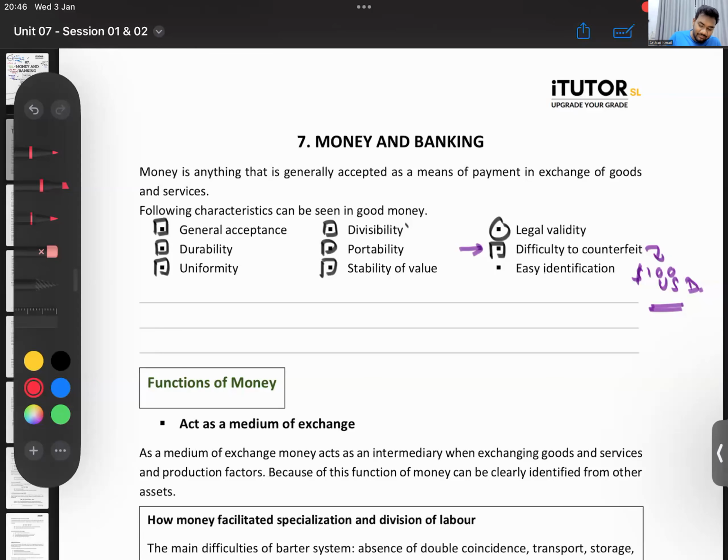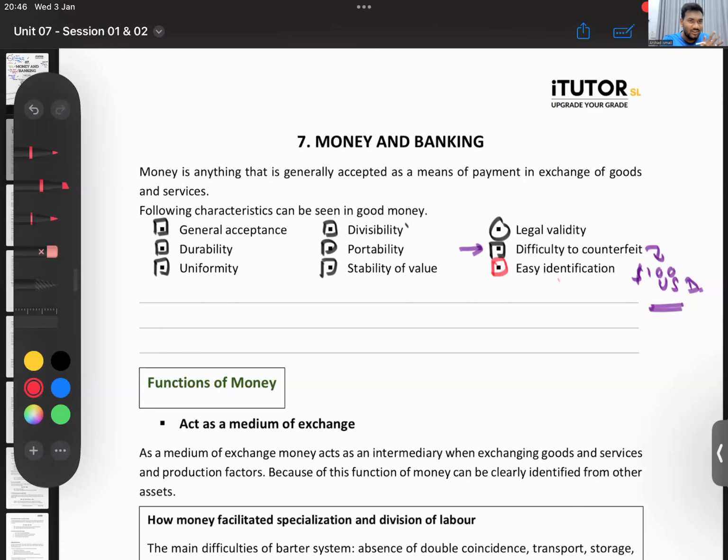And finally, easy identification. I'll give you a good example. Have you all seen? Even small kids can identify money. Haven't you all realized? Even small kids, you can't play the fool with them. Even a 3 or 4 year old kid knows the difference between money and a piece of paper.